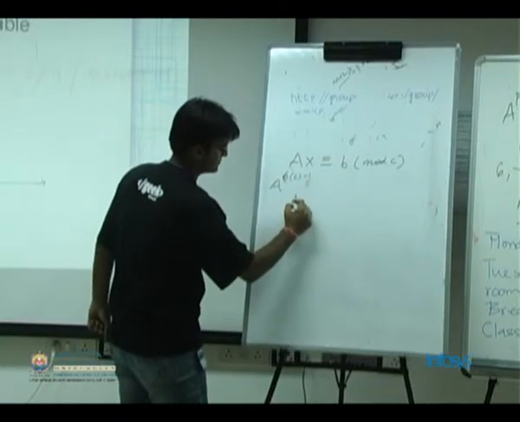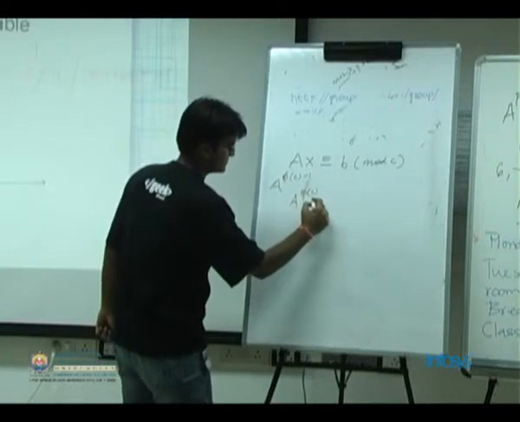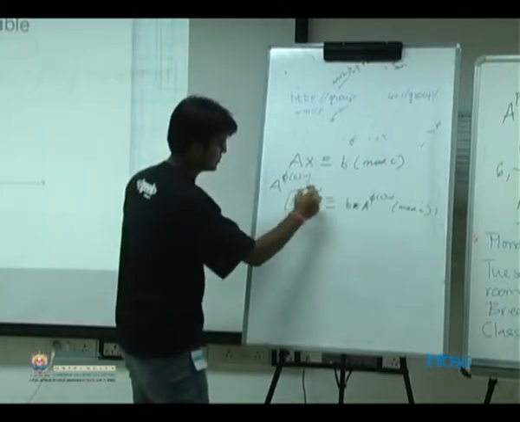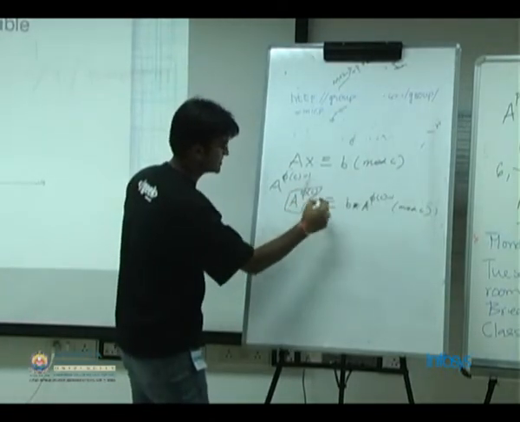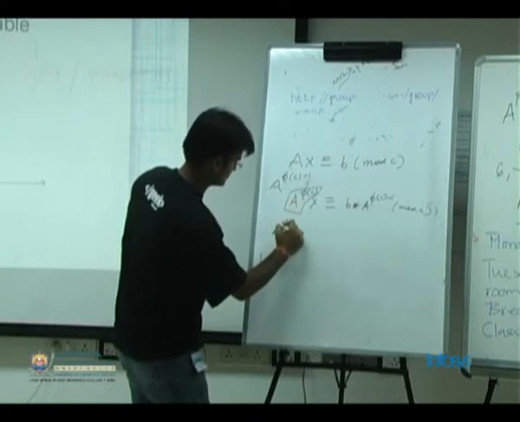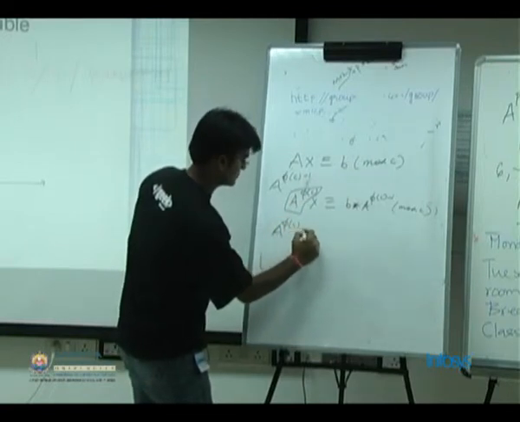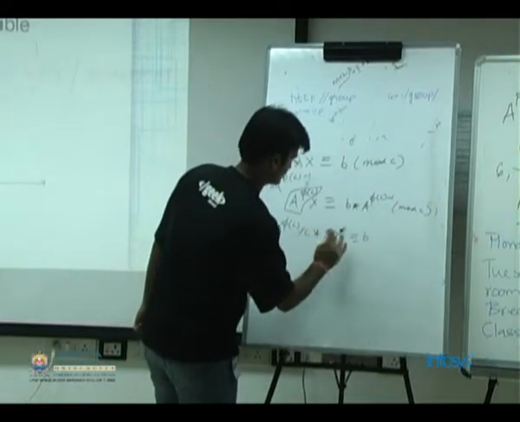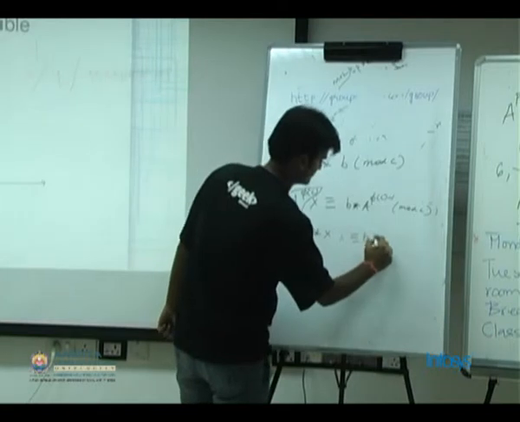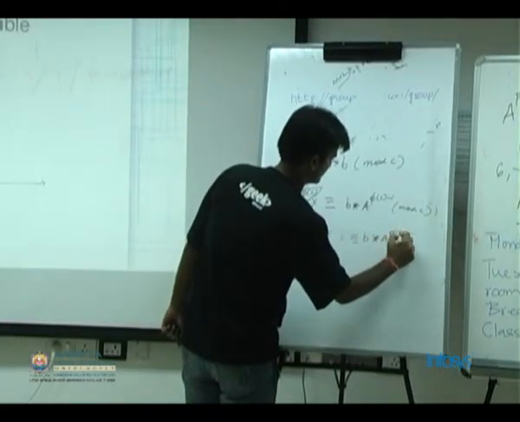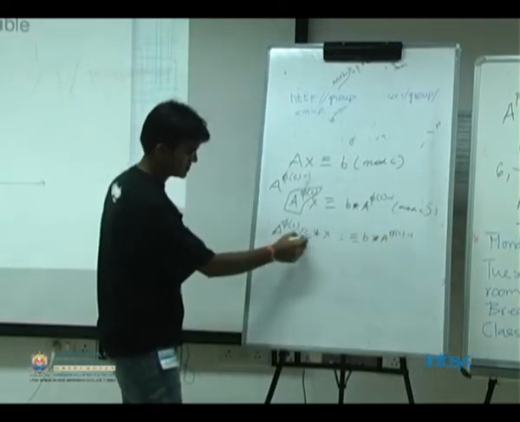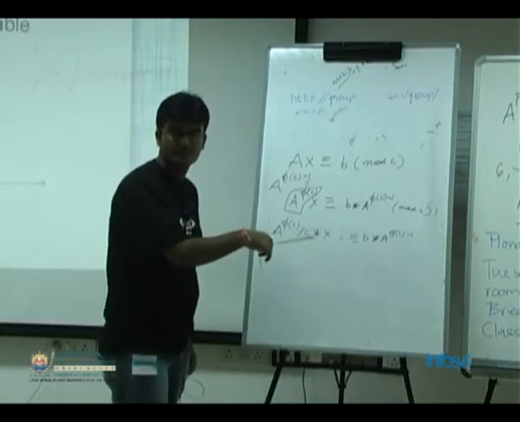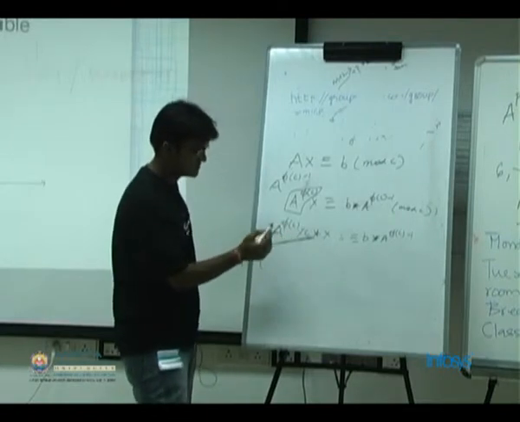So this becomes A^(phi of C) into X. We already know that this is equivalent to A^(phi C) mod C into X mod C. I can just say into X. We already know that this is 1 from Euler-Totient theorem.